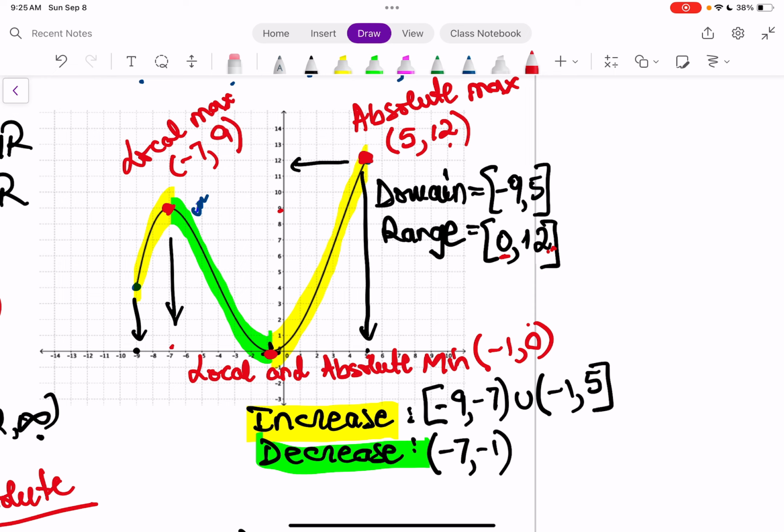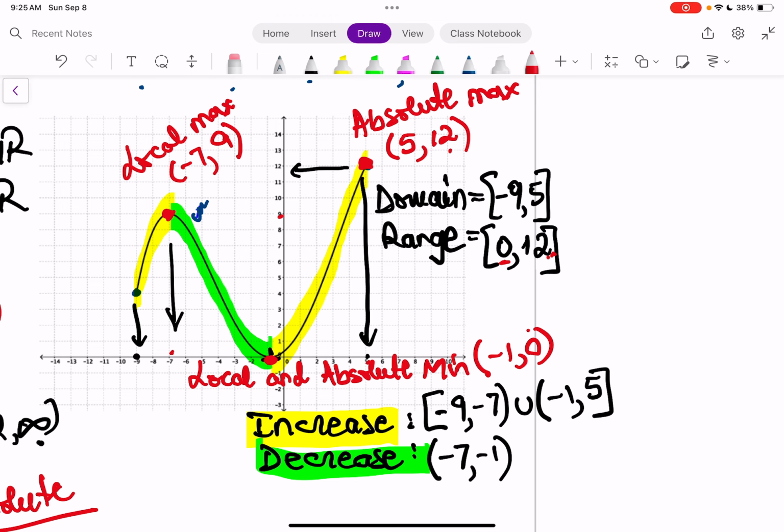Okay. So you probably are wondering, why is this point down here a local minimum as well, but this one up here is just an absolute maximum, and I didn't say local. For local, you need an interval neighborhood around it. So as I look left and right, it's the lowest point in its neighborhood.